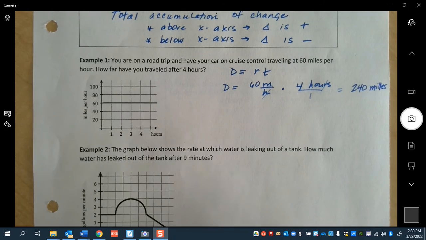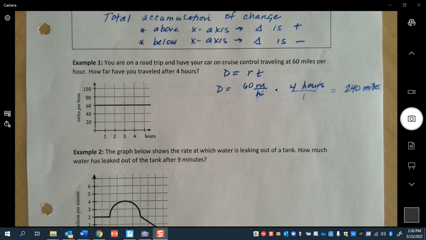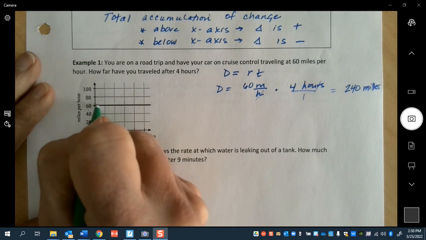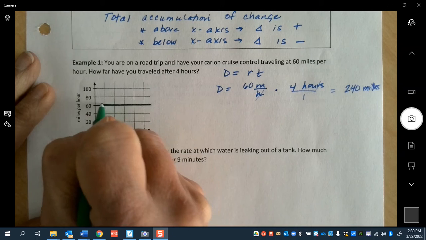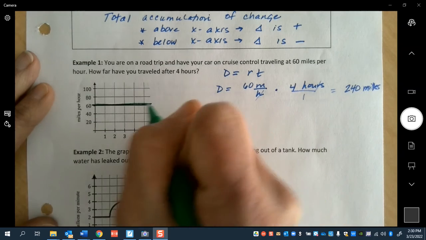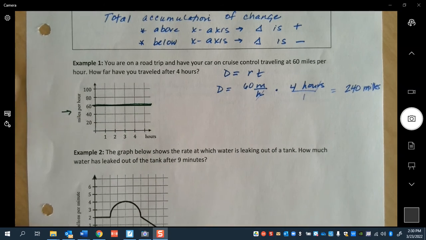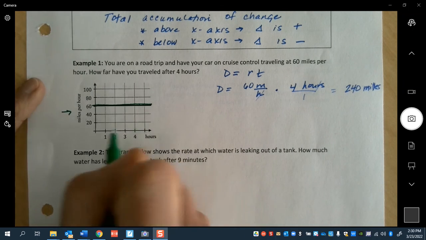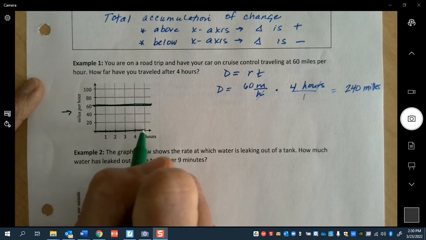So here's what's really cool. We can represent this by looking at our graph. Here is our rate of change. Here is our 60 miles per hour. And here is our 4 hours.